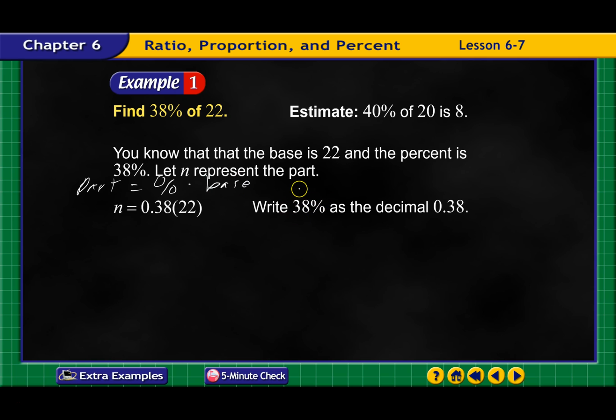We substitute 38% as a decimal, 0.38, and the base is 22, because that's what they told us. It's also after the word "of". So we simplify that out. My answer is 38% of 22 is 8.36. Apparently I need that 50% off Starbucks because I'm yawning.